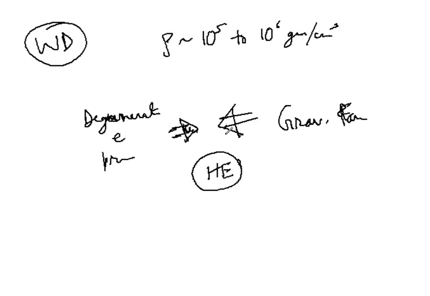Right. Now, what happens next? Well, you see, according to Pauli's exclusion principle, there is a restriction on the possible number density of free electrons. This compels the excess electrons to combine with protons to form neutrons.